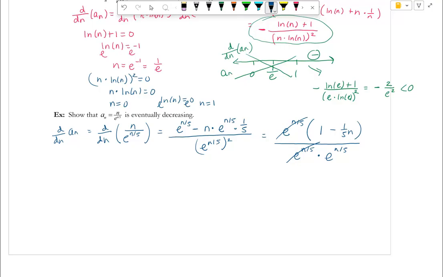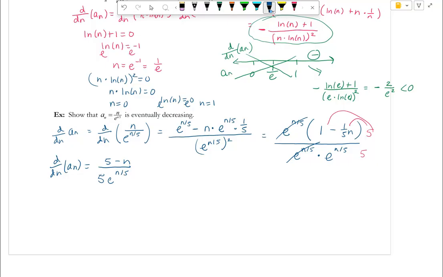And then the last thing we might want to do here, just to make this look a little nicer, is multiply the top and the bottom by 5, distributing the 5 on top. So our derivative is 5 minus n over 5e to the n over 5.